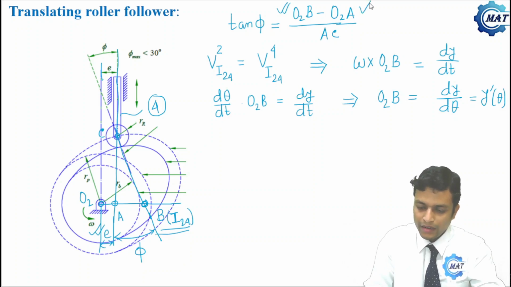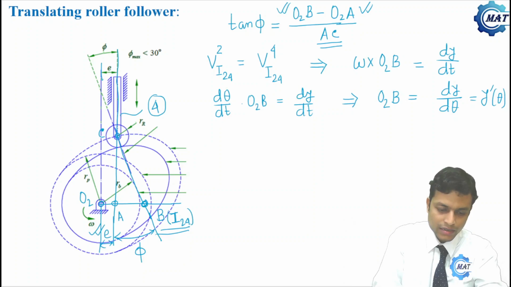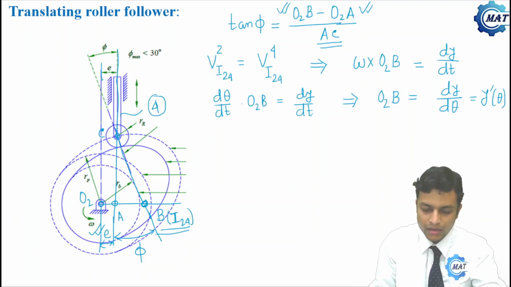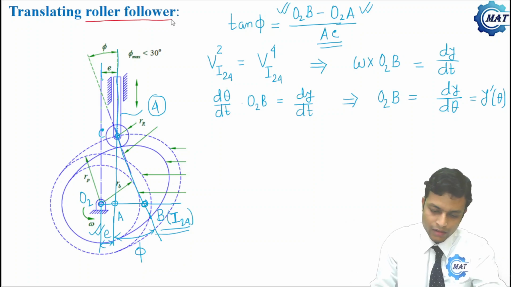Now the remaining task is to determine the value of AC. We have to understand what the lowest position of the follower is in a translating roller follower.